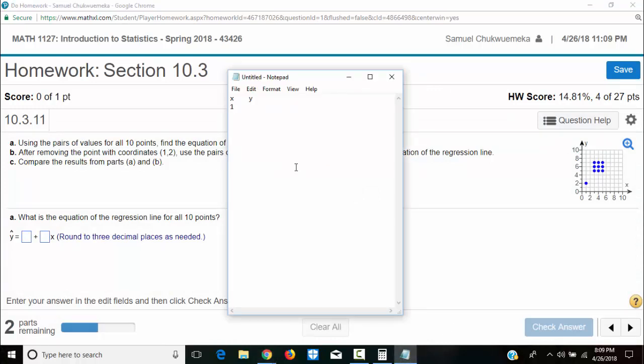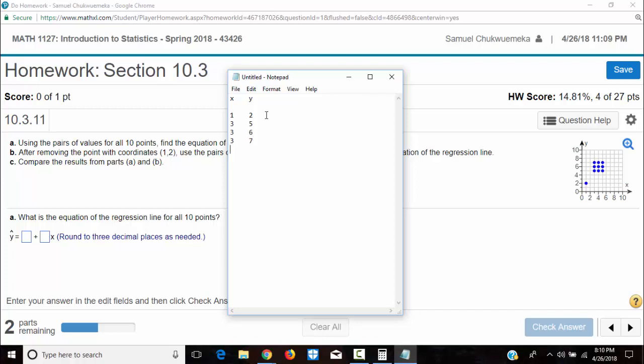When x is 1, y is 2. When x is 3, y is 5. When x is 3 again, y is 6. When x is 3 again, y is 7.